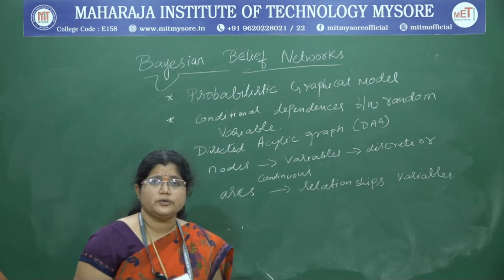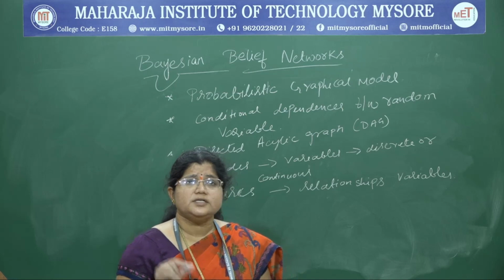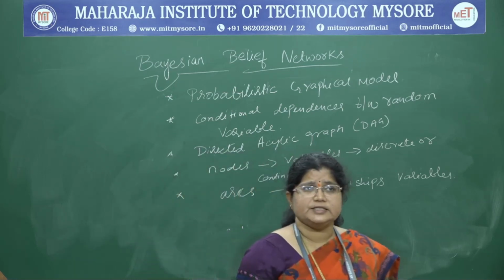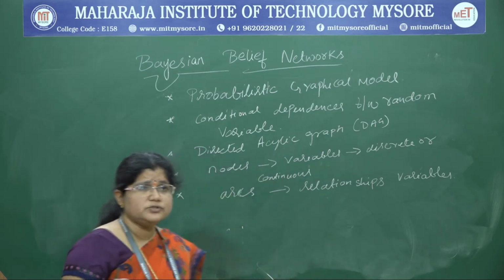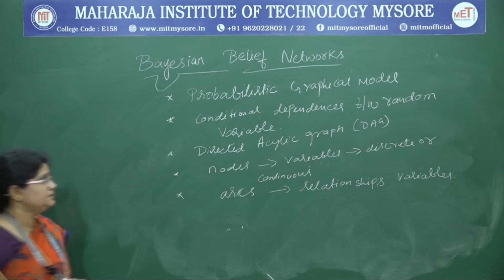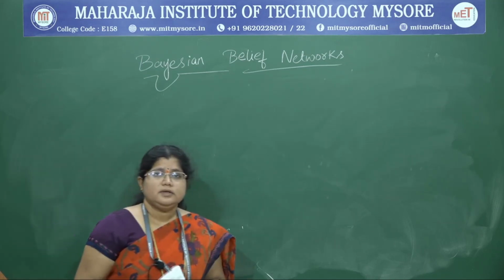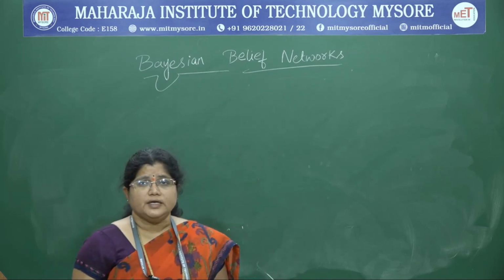Now let us look at how the joint probability can be derived. The joint probability for any desired assignment of values, let us have the derivation for the joint probability.